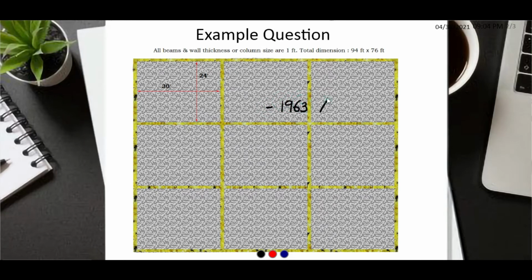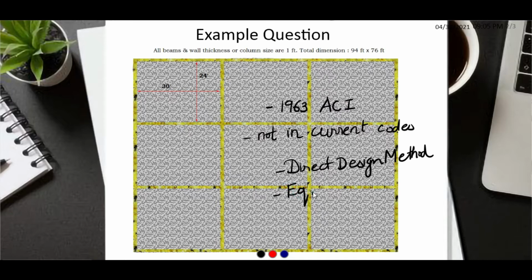1963 ACI. So I will be teaching the American method of this design method. Note that this method is outdated and not published in the current version of the ACI codes. Why? Because currently ACI is following two methods, which are the direct design method and the equivalent frame method.